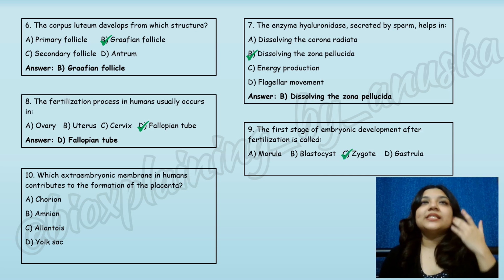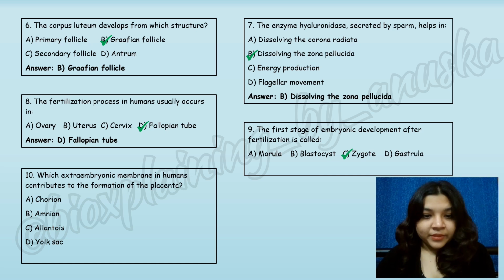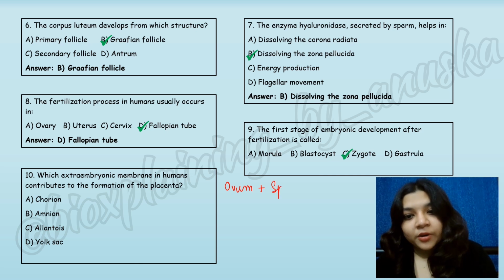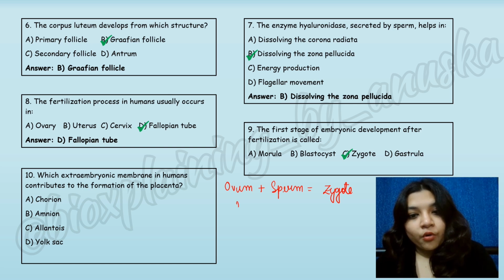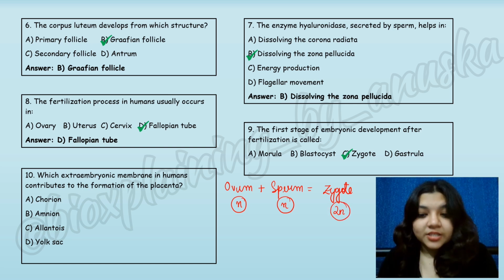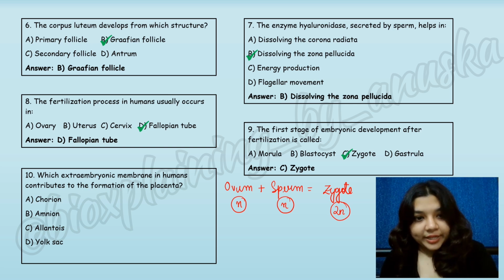So the ovum and the sperm, their fusion will lead to the zygote, right? And the ovum, which is haploid, and the sperm, which is again haploid, will come together to give rise to the zygote, which is the first diploid cell of a human, right?